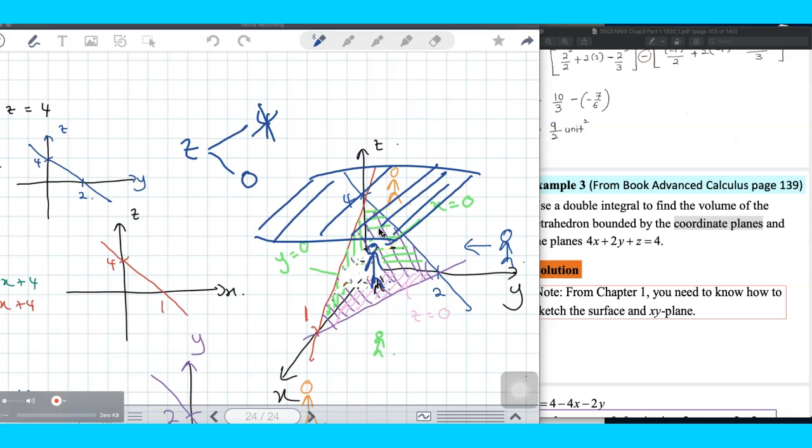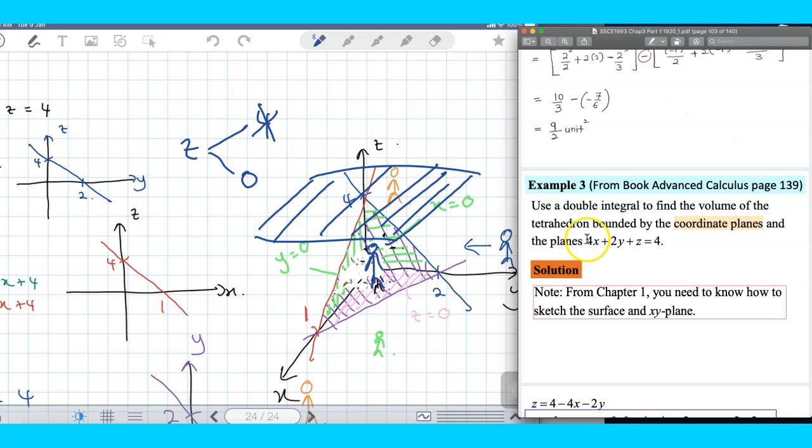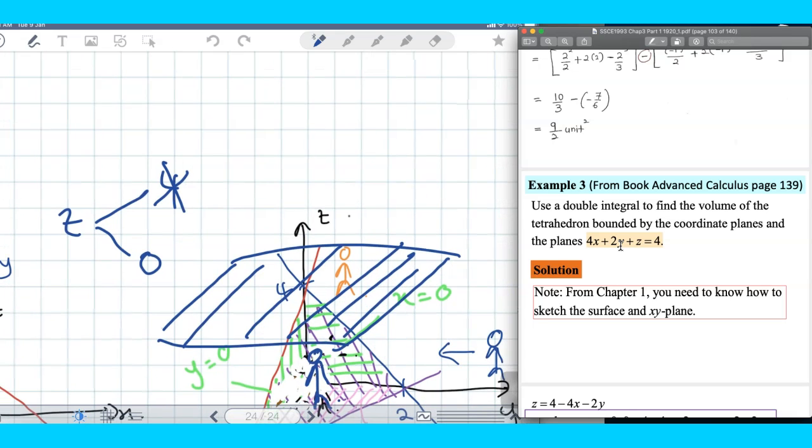Okay, then what is the equation of the tetrahedron? It is given. Yes, it is given. So the tetrahedron is given by this one, but because you just want z, you have to rearrange this to be just z equal to. So the original expression is x plus 2y plus z equal to 4, then you have to rearrange that to be z equal to 4 minus 4x minus 2y.